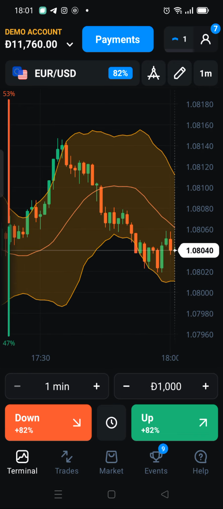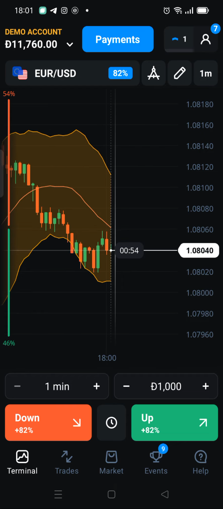Okay, market has gone downward trend. SNR is very important for binary trading or forex trading. Everyone trade. So SNR and price action, those are the main things.